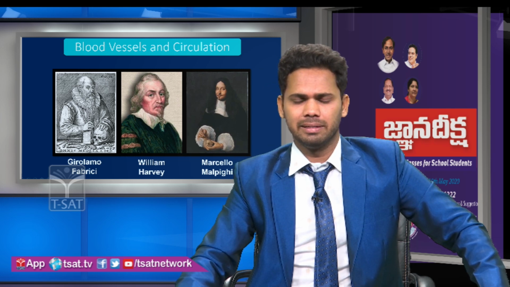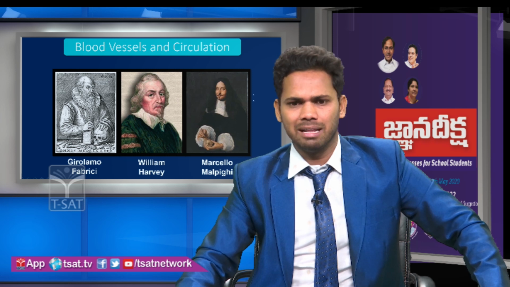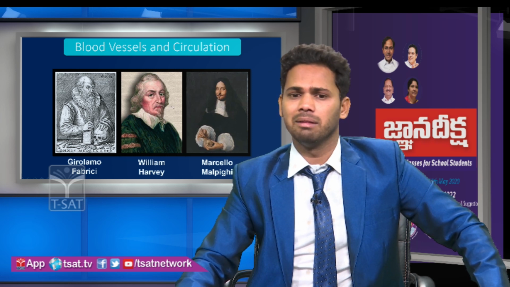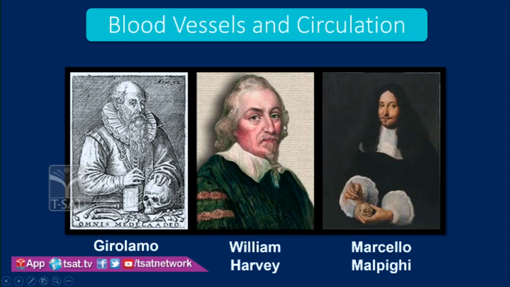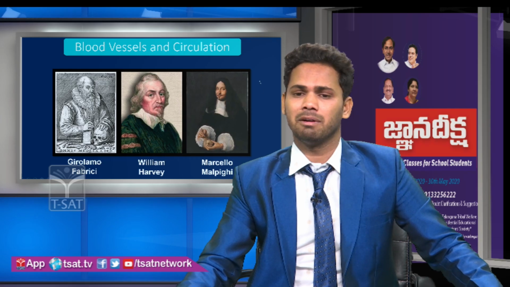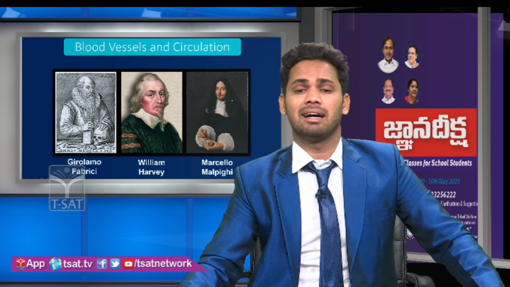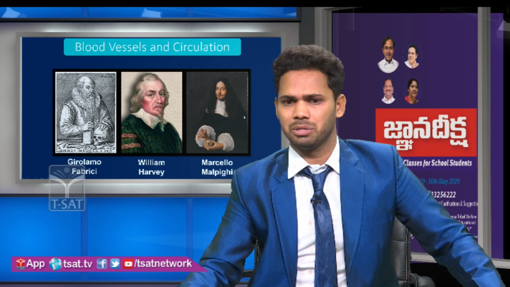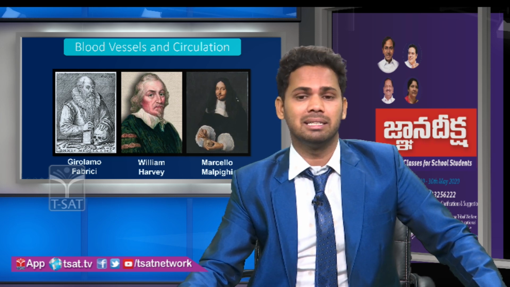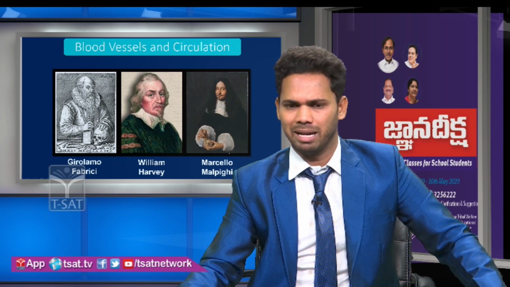Capillaries were discovered by Marcello Malpighi, because in William Harvey's era there was no microscope to observe capillaries. Capillaries are microscopic in nature. But at the time of Marcello Malpighi, the microscope was available. That's why it became easy for Marcello Malpighi to identify them under the microscope.